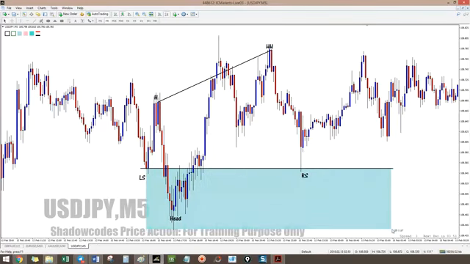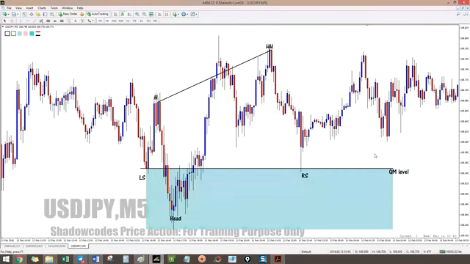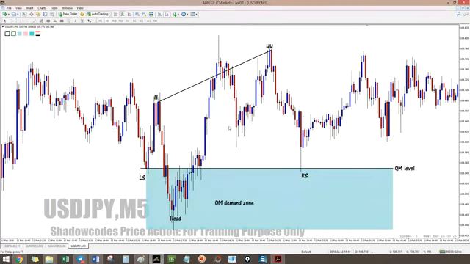And this is your QM level, and this will be your QM zone, the QM demand zone. So you just screenshot this and send it.